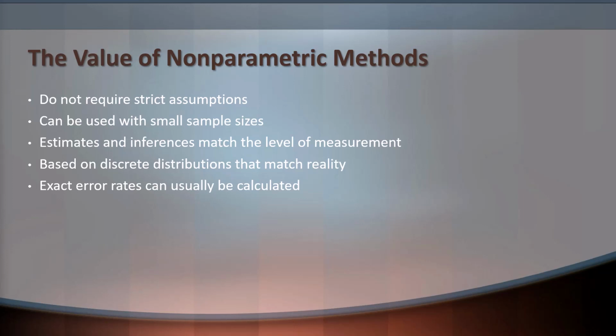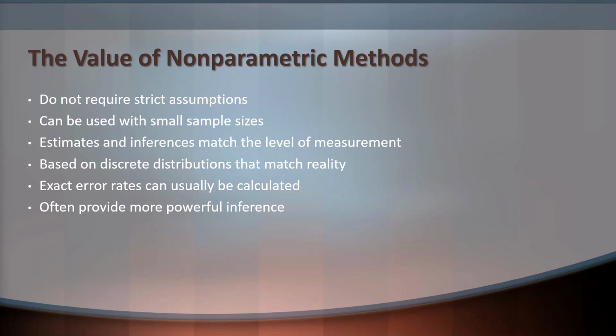They're based upon distributions that we literally do know, and therefore we can calculate what the error rate actually is. This would surprise many people, that nonparametric methods are often more powerful for making inferences than parametric methods. Some people shy away from nonparametric methods because they've heard that parametric methods are most powerful.